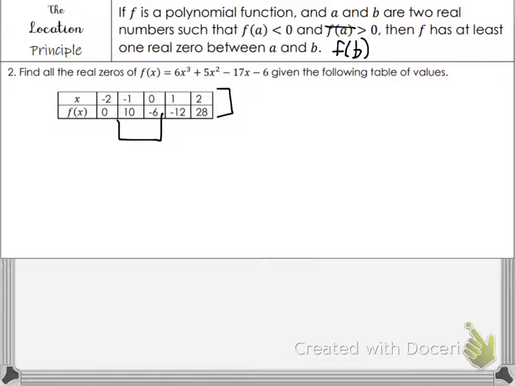No. But between these two, is the first y value negative and the second positive? No. What about between these two? Is my first y value negative and my next one positive? Yes. So based on the location principle, I know there must be a real solution between 1 and 2, because it's going to cross the x-axis somewhere between 1 and 2.